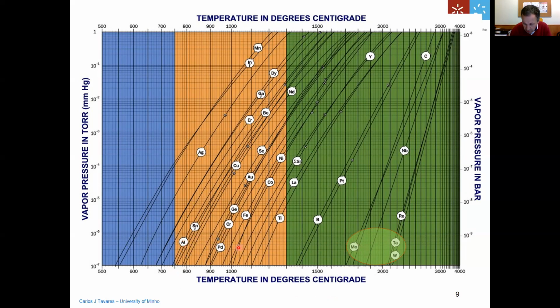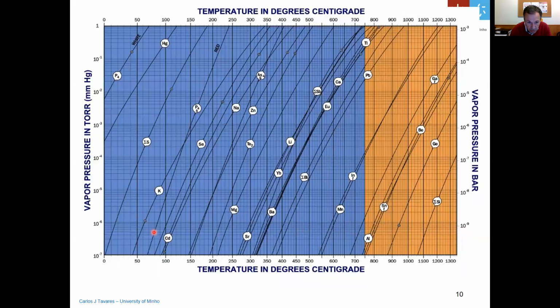And another comparison, if you look at aluminum at around 800 degrees, there's a vapor pressure of 10 to the minus 9, and if you look now at the comparison with magnesium, magnesium has a vapor pressure of around 10 to the minus 9, but at a temperature of 250.